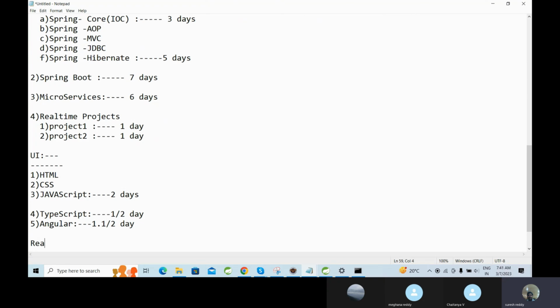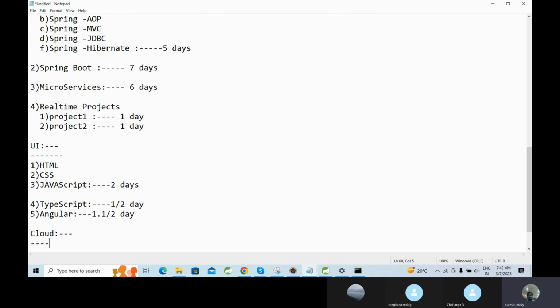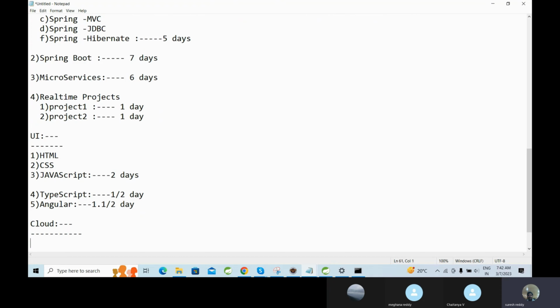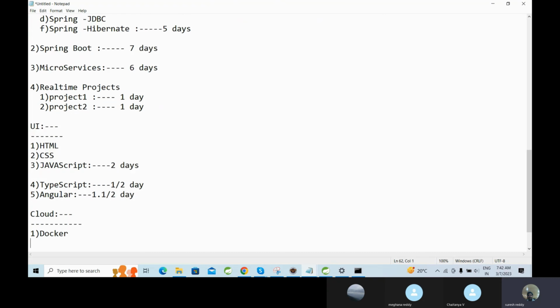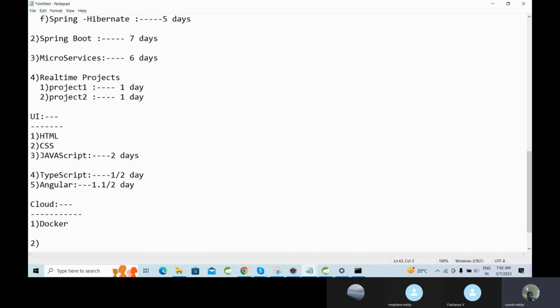Next, real-time tools. Next coming to cloud. First, Docker and AWS. Docker 1 day.